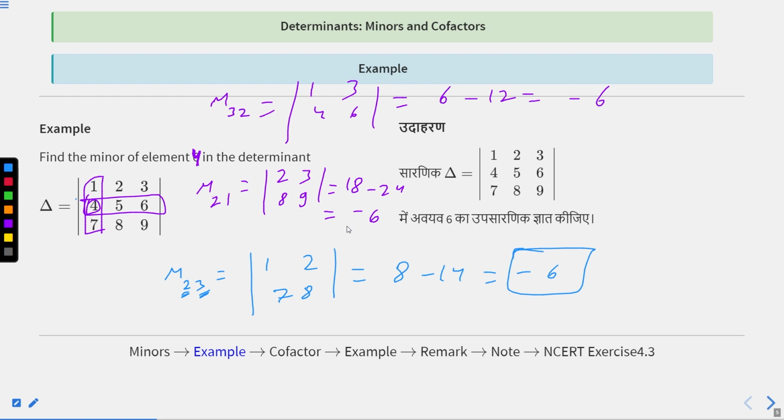So as you can see, one interesting thing is happening. So far we have evaluated M23, M21, M32, always getting minus 6, minus 6. Can you observe something? If you observe, then keep observing.